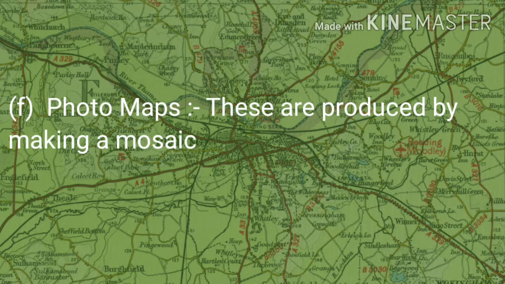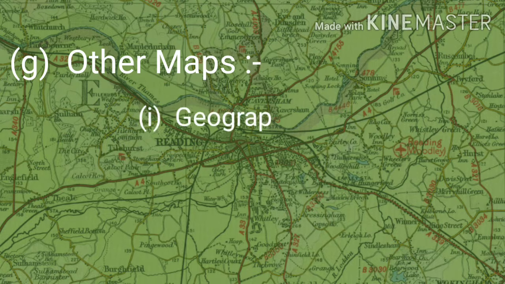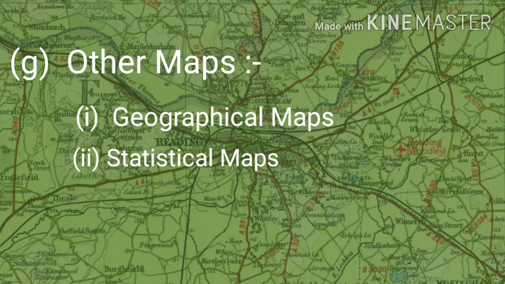Then photo maps. These are produced by making a mosaic of strips of vertical air photographs so as to cover completely the area required to be shown. Then other maps. First one, geographical maps, then statistical maps, then chart, then last one, meteorological maps.